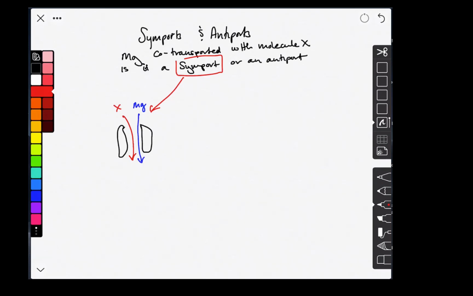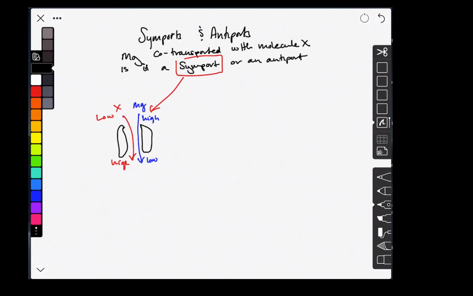Because symports and antiports are co-transports, they are being used for active transport. And the way that they're doing it is that one molecule is moving from high concentration to low concentration, and that's helping it move the other from low to high. So in this case, magnesium is moving from high to low, so that molecule X can move from low to high using that energy.